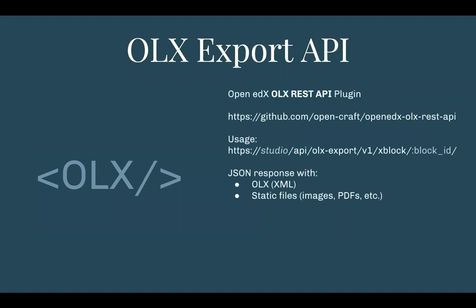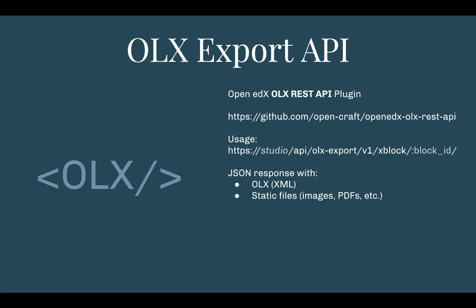Next, when we allow users to import content from edX courses, we use the OLX export API. Now, prior to this point, there was no way to get the OLX of XBlocks on the platform other than exporting a course tarball and producing a huge file with the XML of an entire course. So we created this new plugin for OpenEdX.